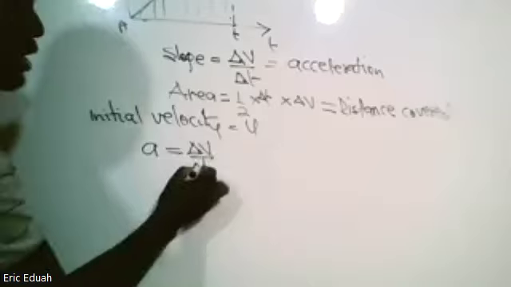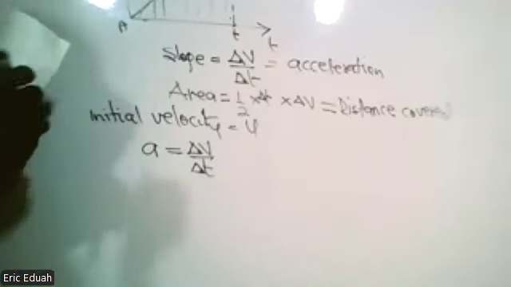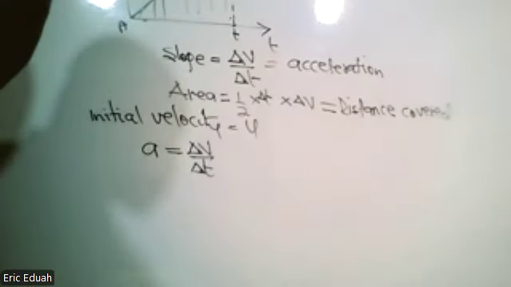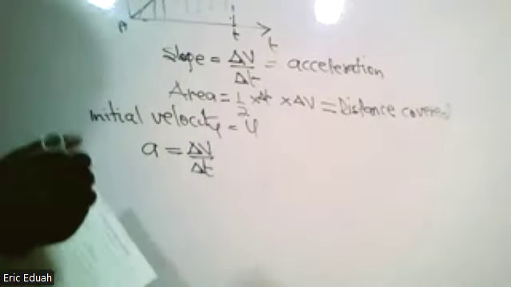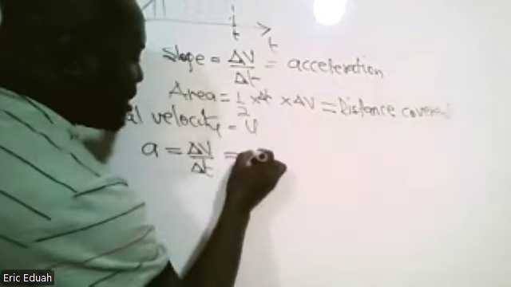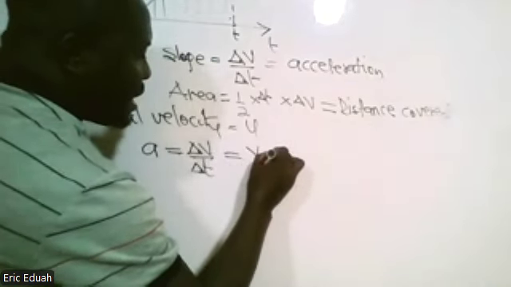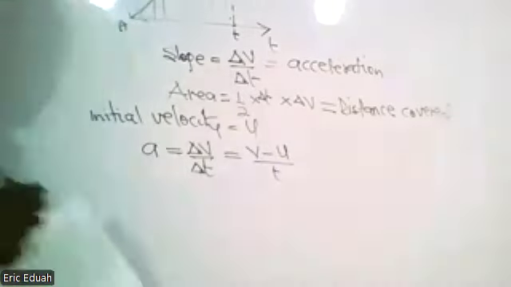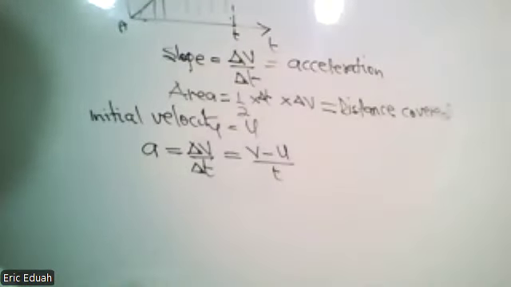The initial velocity is u and the final velocity is v. So the change in time will just be t, and the change in velocity, final minus initial, over t gives you this.